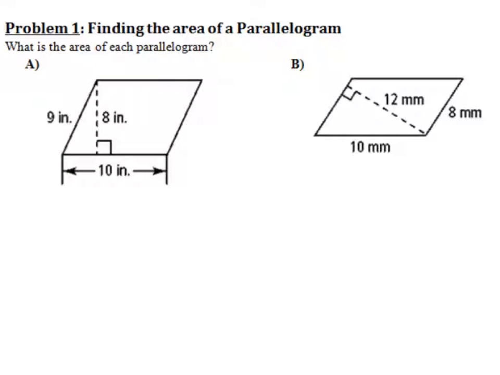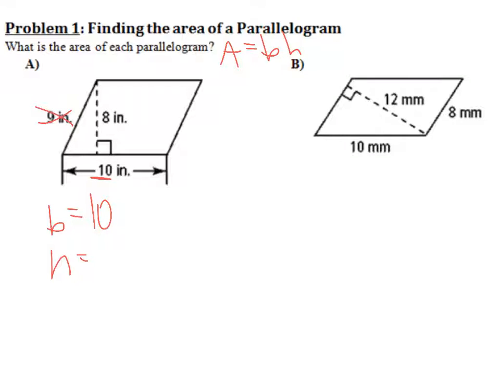When we are finding the area of a parallelogram, again the formula is area is equal to base times height. Now in this first example, our base we are going to use as 10 because that is the bottom length. Now for the height, again, as I mentioned before, we don't want to use this outside length in a parallelogram.